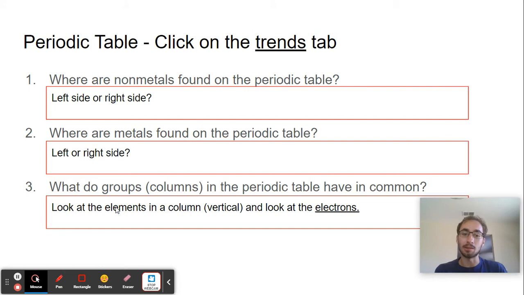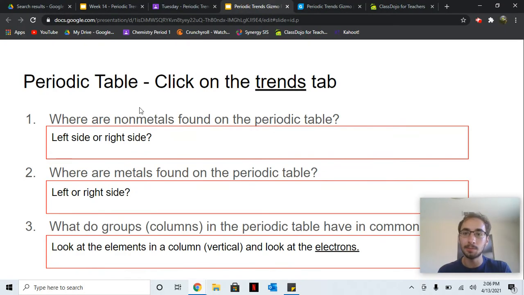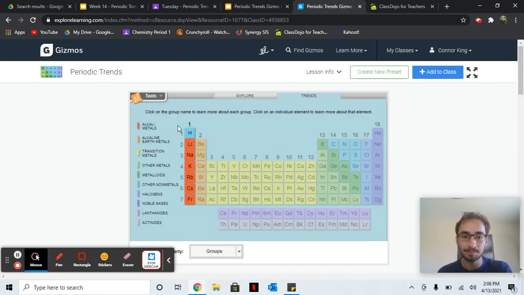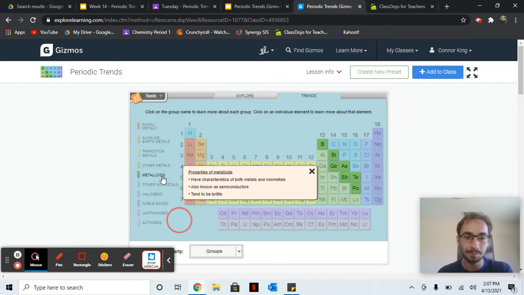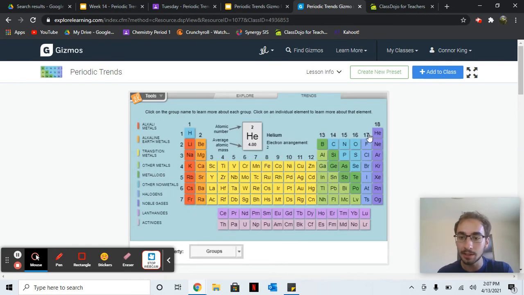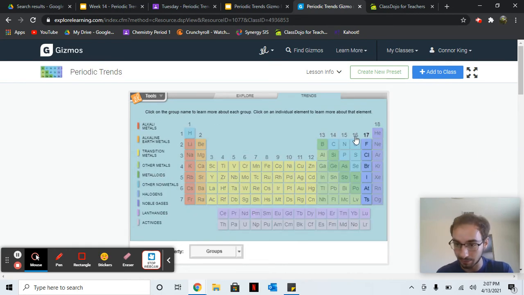So look at the elements in the column and figure out what do all the elements in a column have in common. Also, if you click on these, it'll tell you a little bit more about them. But there's something specific that all these elements have in common, and all these elements, and all of these, and these, and these, and these. They're all in a column for a reason. Try and figure it out. It has to do with electrons.